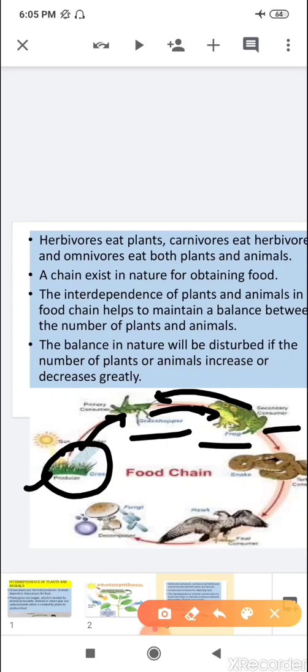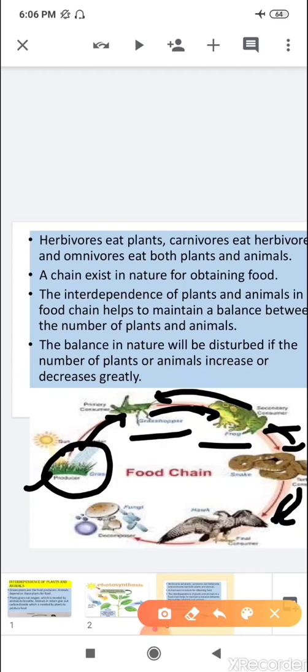Then the tertiary or third consumer eats the frog. Here you can see the frog is eaten by the third consumer. Then this tertiary consumer is eaten by the fourth consumer, here you can see the example of an eagle.